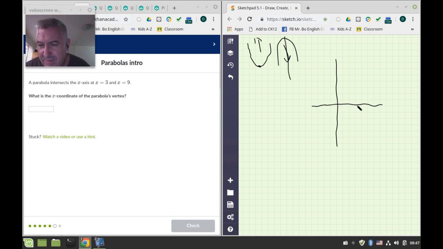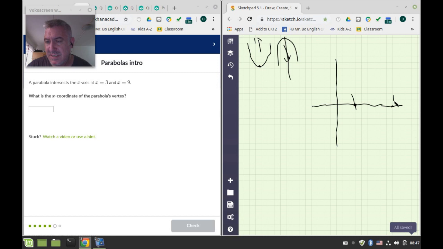Okay, so I have x equals 3 and 4, 5, 6, 7, 8, 9. Here are my two x-intercepts.